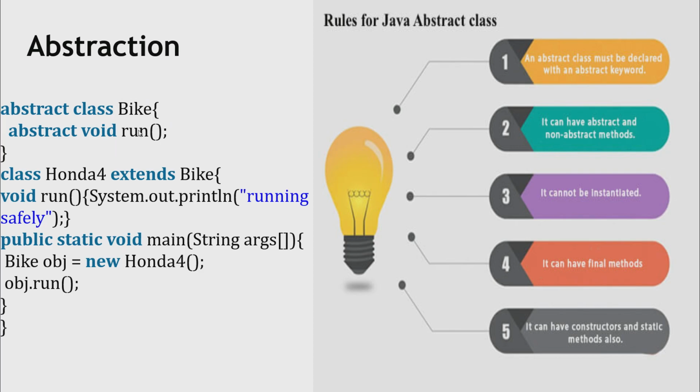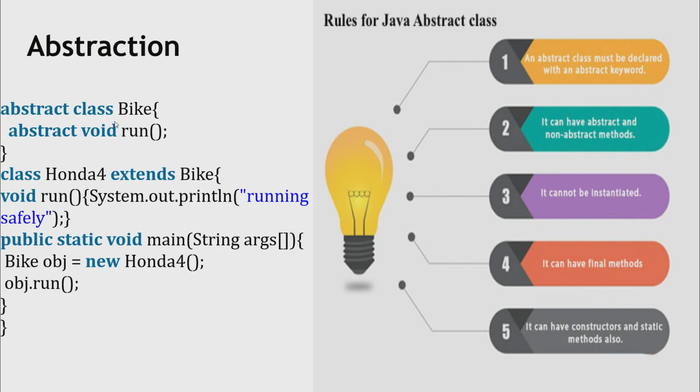This bike class is derived by the Honda 4 class. Here the implementation of this abstract method has been given. So void runoff, system.out.println of running safely. It cannot be instantiated. Why? Since we have not completed this method, we are only giving the declaration and not the implementation here.